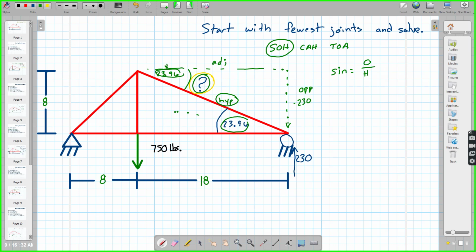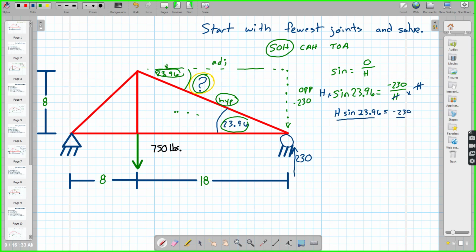Let's go ahead and pull some numbers out now. So sine of 23.96 equals opposite, which is negative 230 over h. Now I'm probably going to take the longest way possible here to get through the algebra. So I got to get h by itself. So we got h sine of 23.96 equals negative 230.